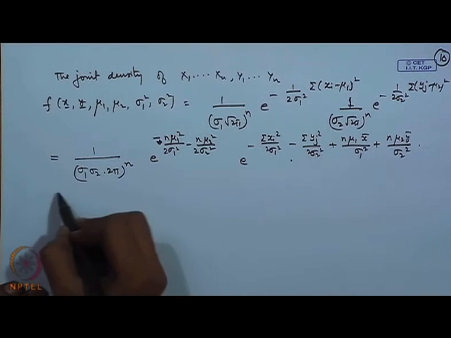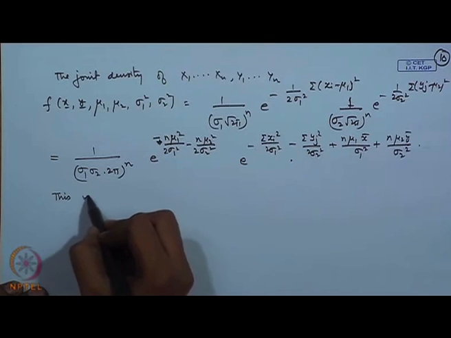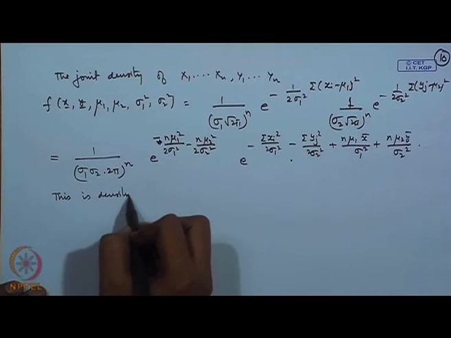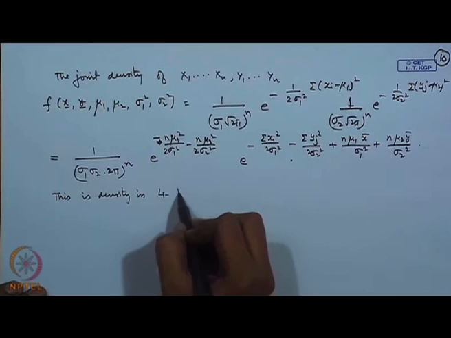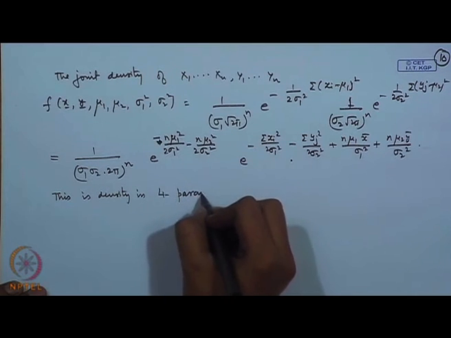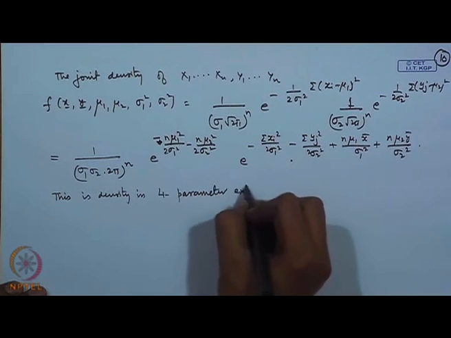So, this is a density in a 4 parameter exponential family.